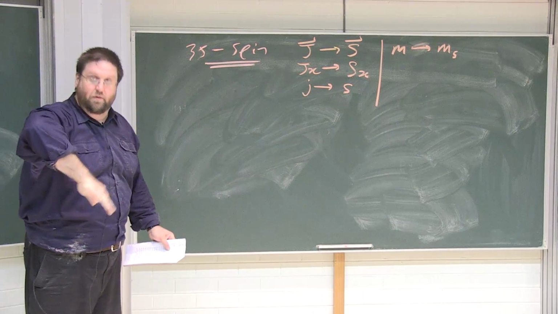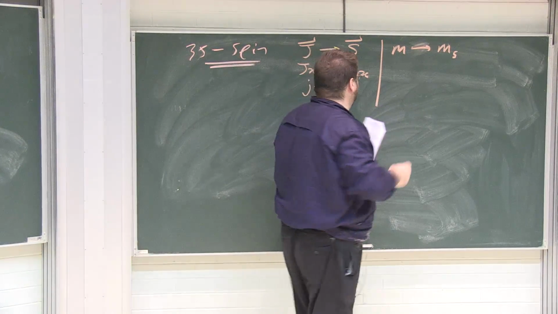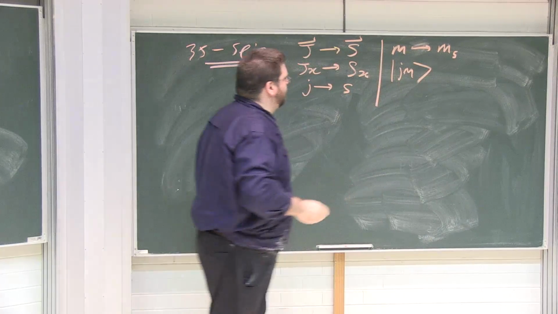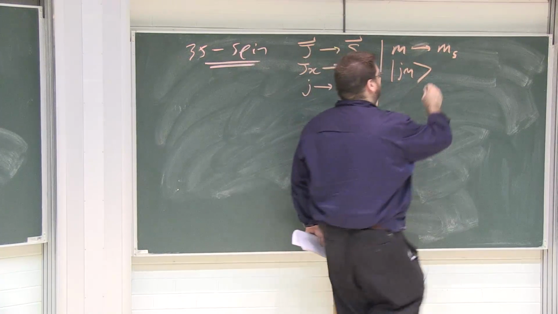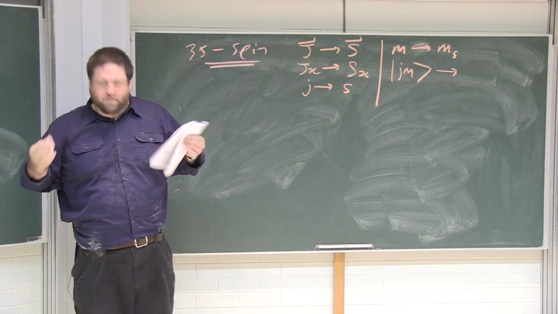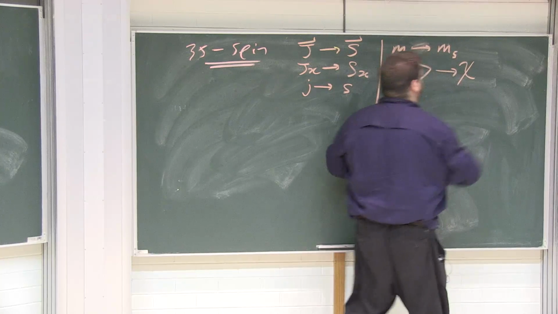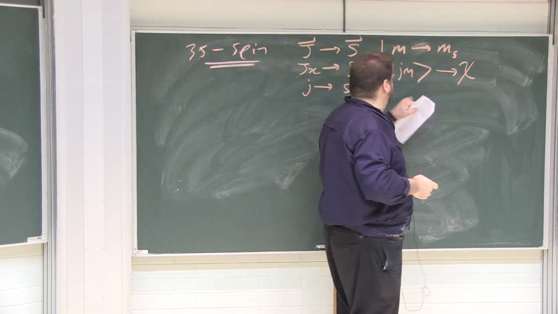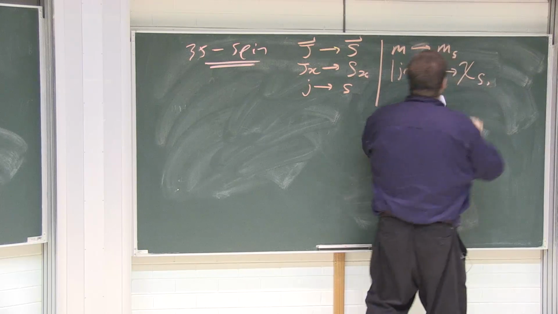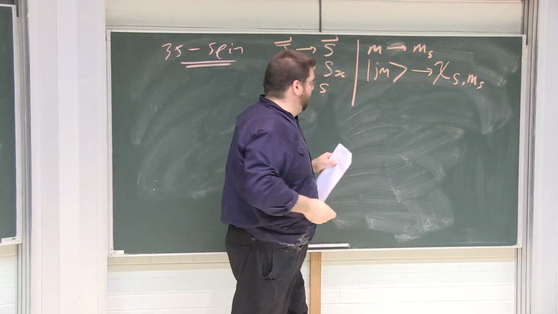This will be talking about the projection of spin in a particular direction. Here's a less trivial change of notation. The generalised spherical harmonics will become spin wave functions, and just because of entrenched history of notation, the spin wave functions are called chi, and those chi's have 2 subscripts, the j, which has now become an s, and the m, which has become an m subscript s. So this is a spin wave function.